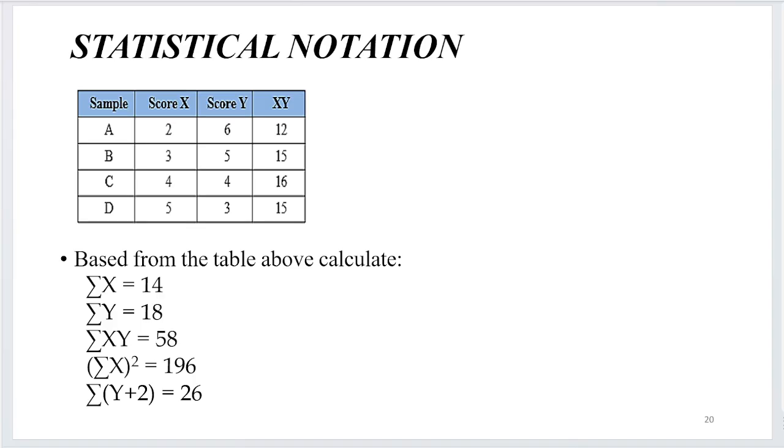And here we have summation of x all squared. Previously we had summation of x equal to 14, and here we just square it. 14 times 14, or 14 squared, equals 196.